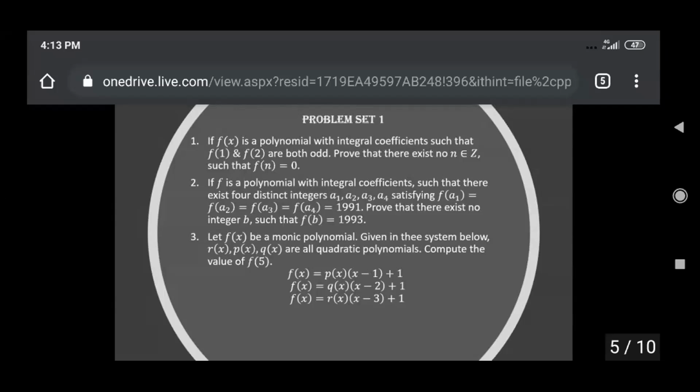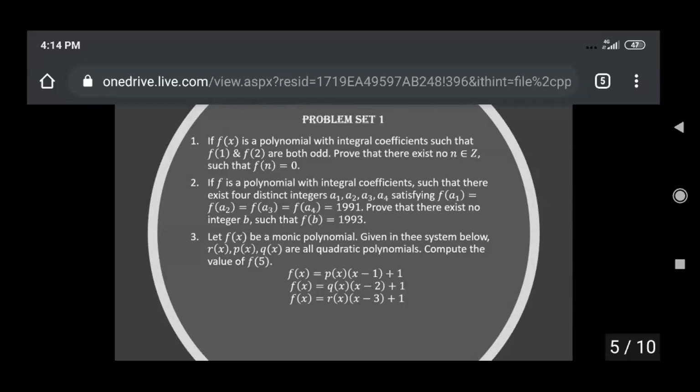If anybody has any doubts in the question or has not understood the question, they can raise their hands. We can use contradiction and try to express the polynomial f of x in the form of the division algorithm, and consider the quotient as g of x and go ahead.